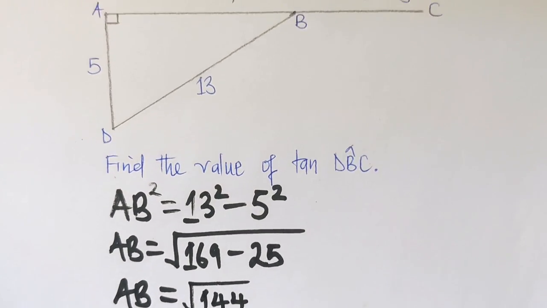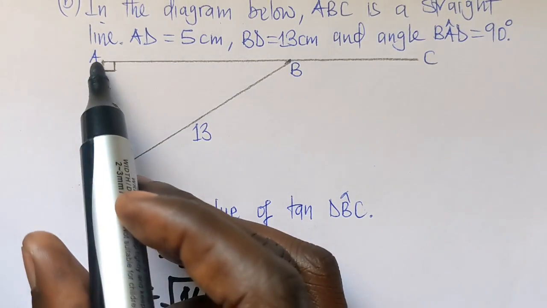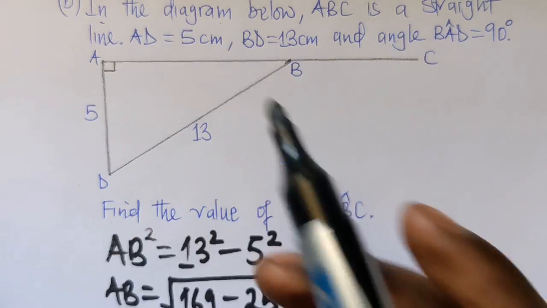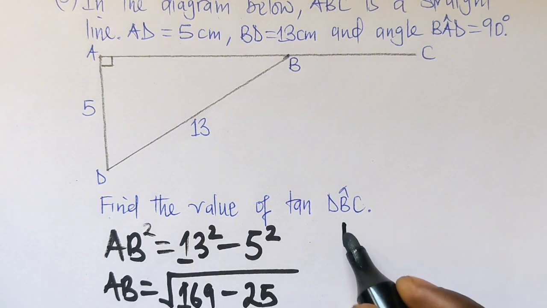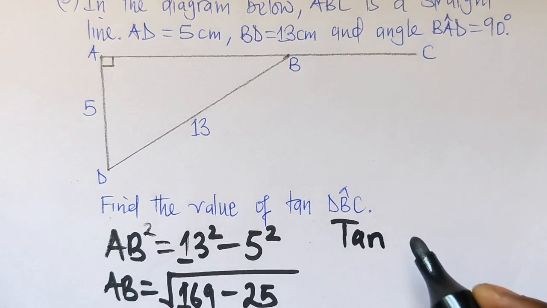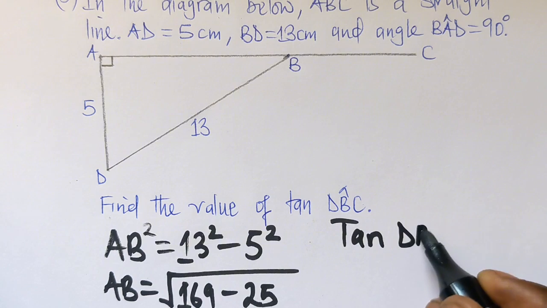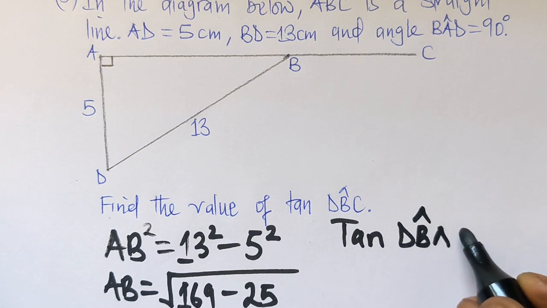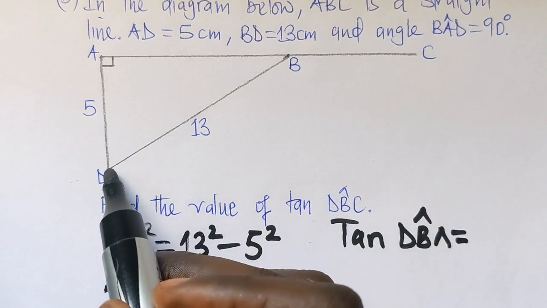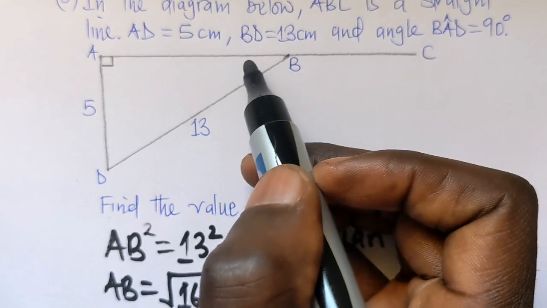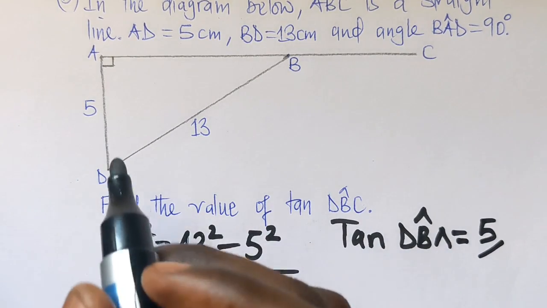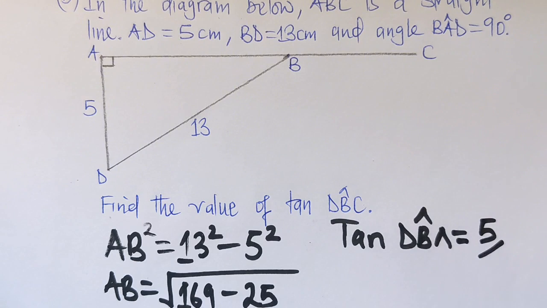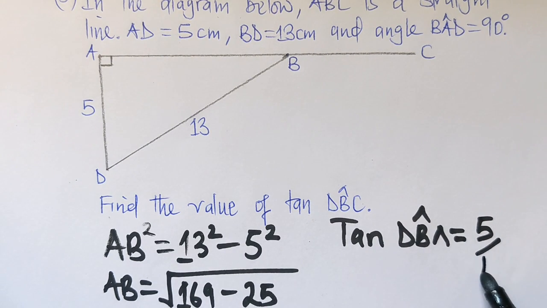So if AB is 12 centimeters, from A to B, then it means that tan DBA is equal to opposite, which is 5, over adjacent, which is AB, in this case, which we calculated as 12.